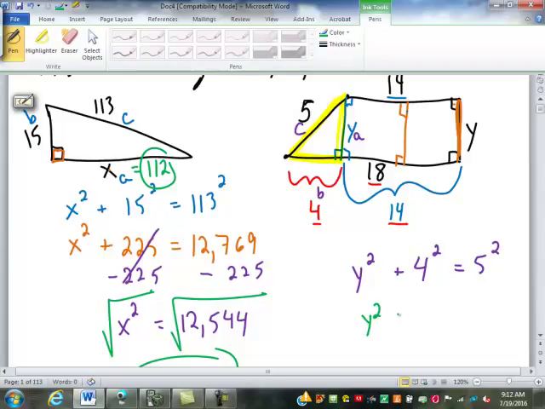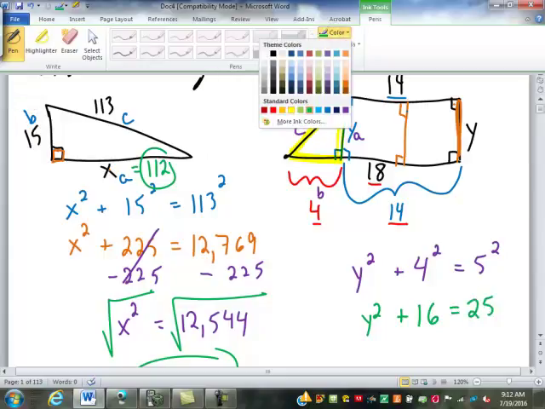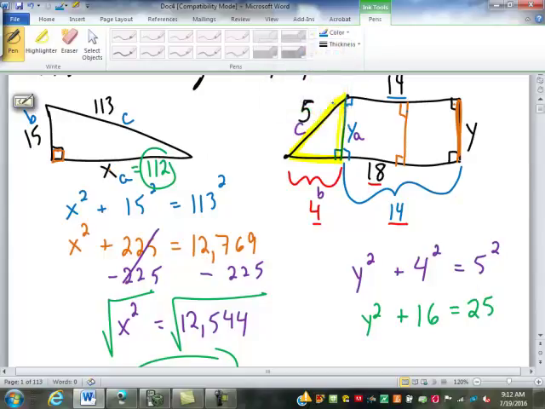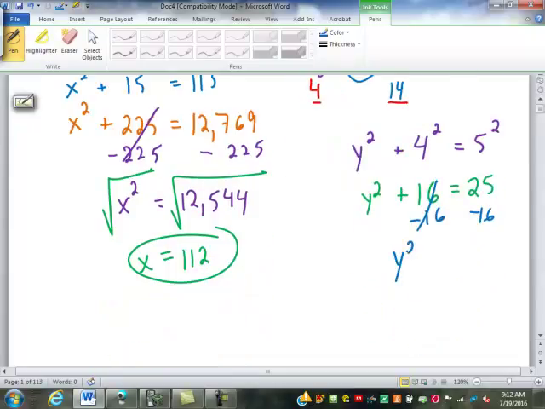Y squared will not change. 4 squared is 16. 5 squared, 25. And then subtract the 16. Y squared equals 9.